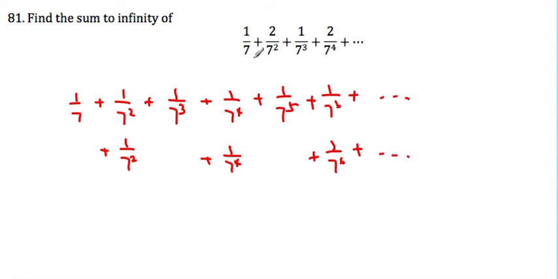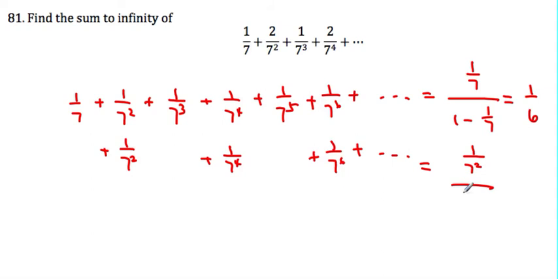In fact, what I have done was dissect the given series into two different ones. This one turns into 1 over 7, which was the first term, over 1 minus the ratio, which is 1 over 7. Then this one simply becomes 1 over 6. On the other hand, this one becomes 1 over 7 squared divided by 1 minus 1 over 7 squared.